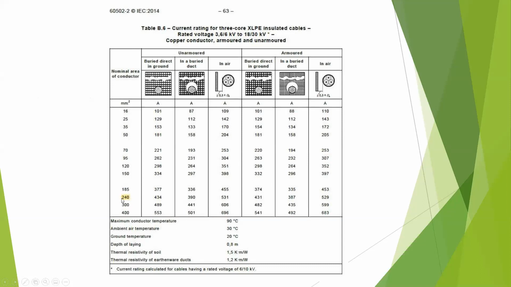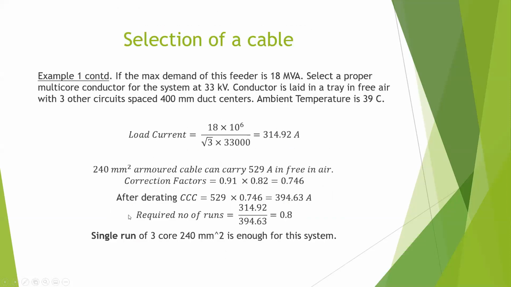But two 240 millimeter cables can be cheaper than a single 400 millimeter cable. So you can do that analysis and find out what configuration you are going to have: either two times 240 millimeter cable or a single 400 millimeter cable.